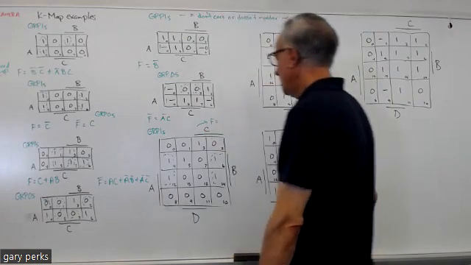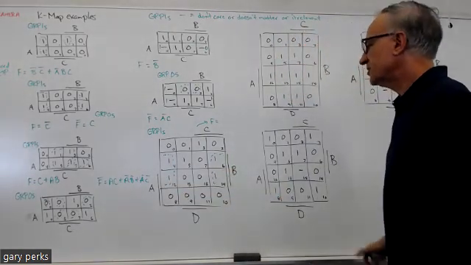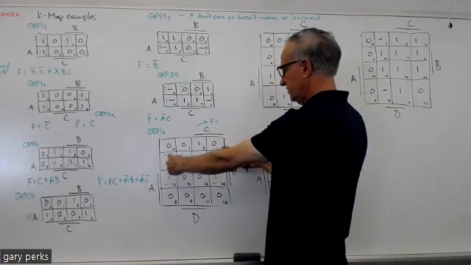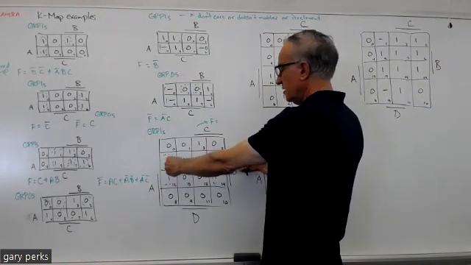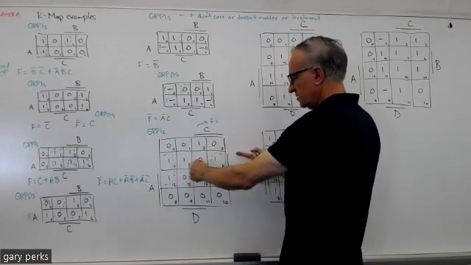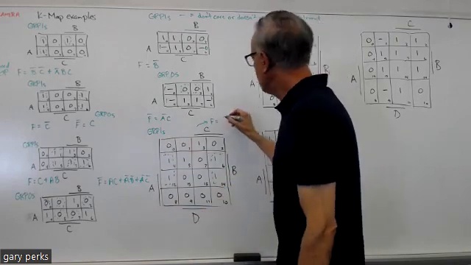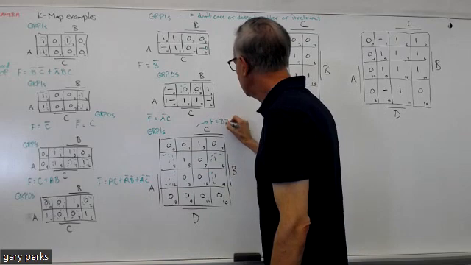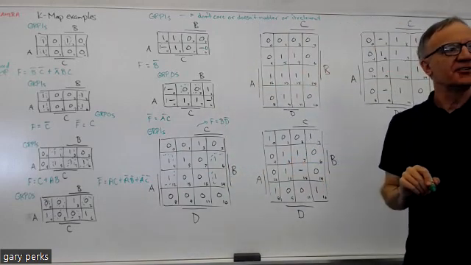What's common? It's common to the B rows, and what else? And not B columns. So you see this would be B not. Everybody agree with that?